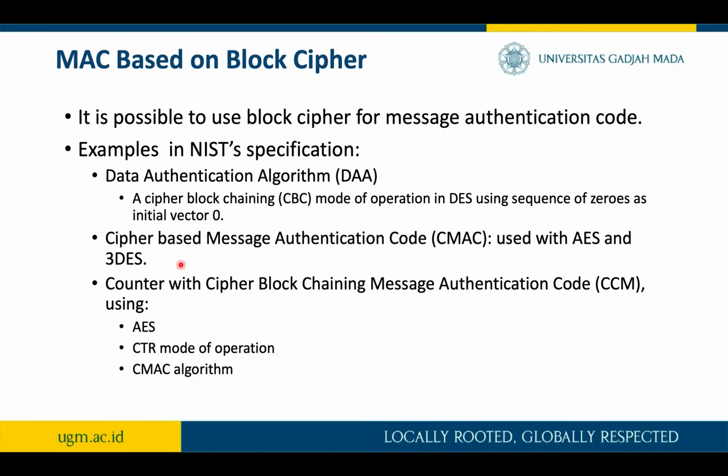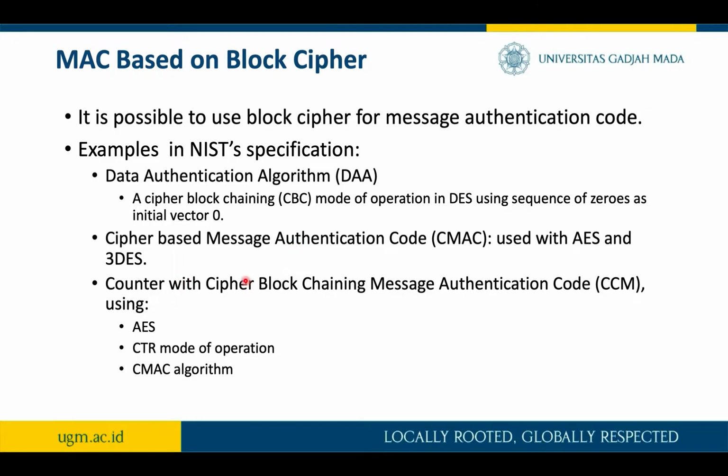The second one is cipher-based message authentication code, or CMAC. In CMAC, we use AES or triple DES, and it will be combined with a mode of operation of block cipher.